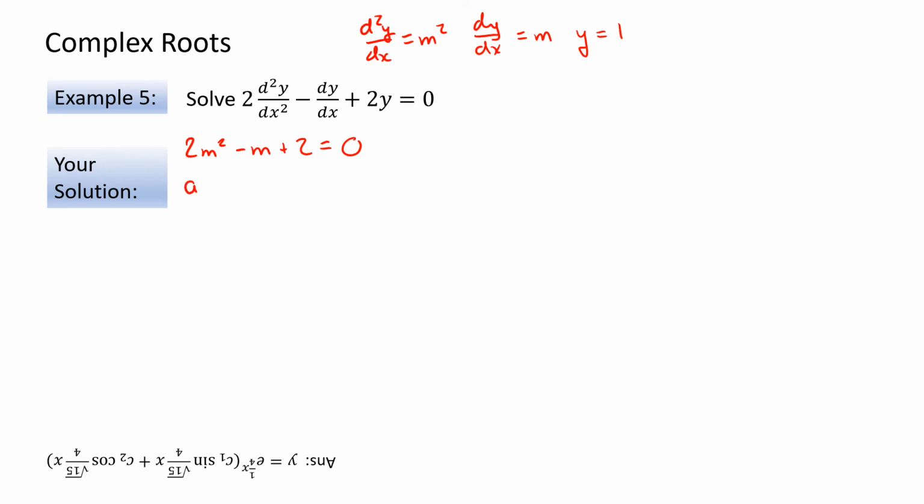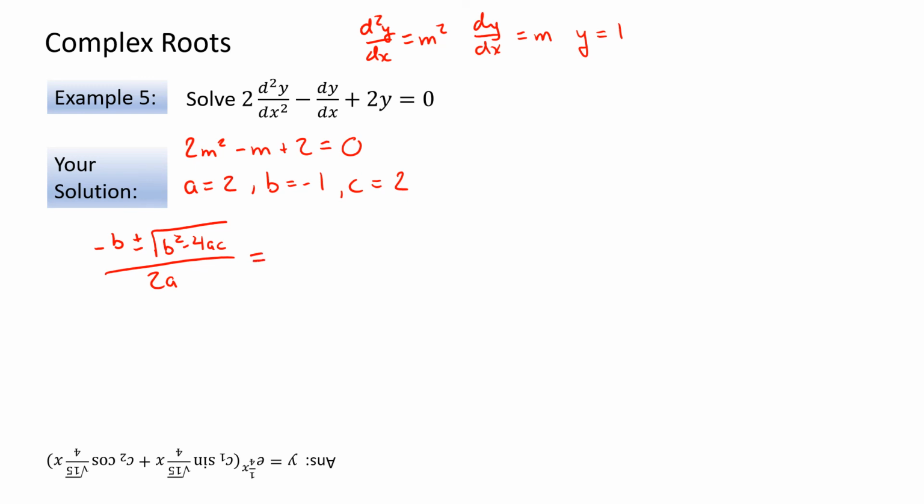So in this case, we know that a is equal to 2, b is -1, and c is also 2. So using our quadratic roots formula, we get -b plus or minus the square root of b squared minus 4ac divided by 2a. Again, I will also provide you the quadratic roots formula.